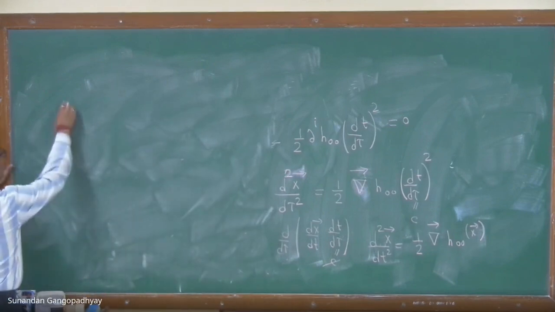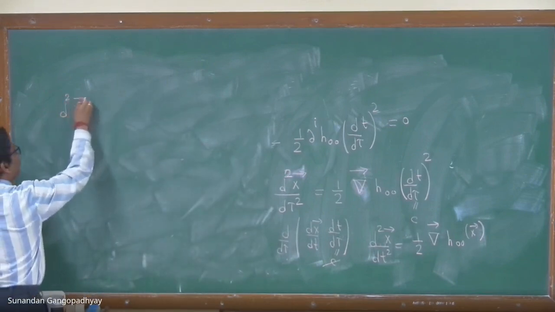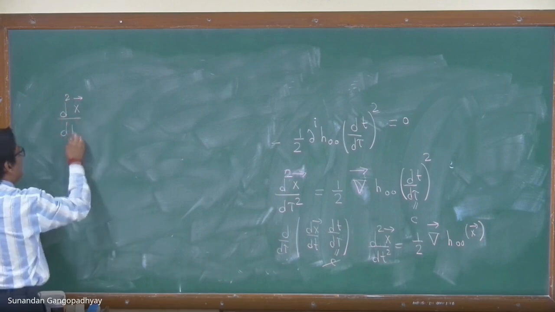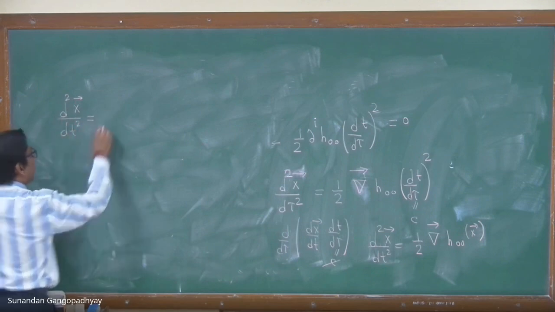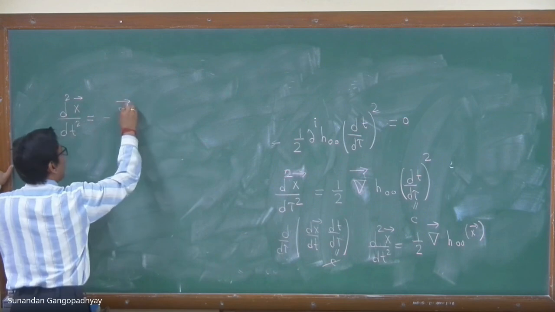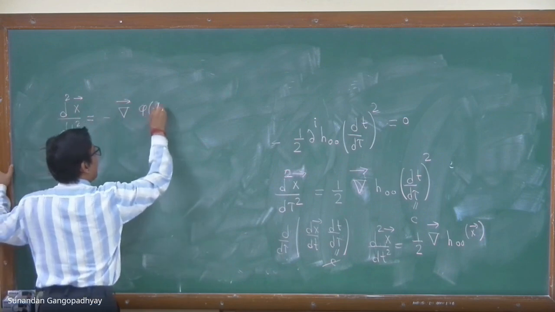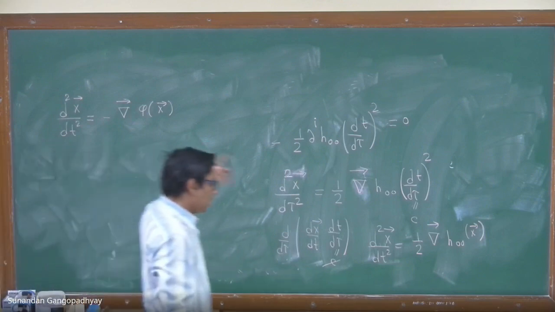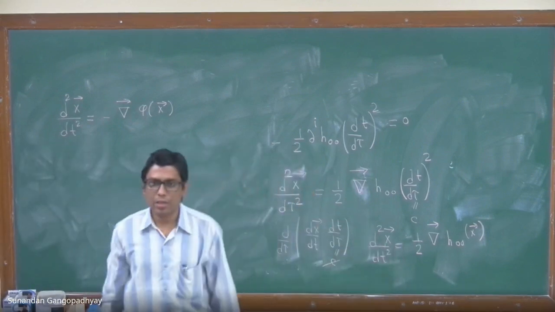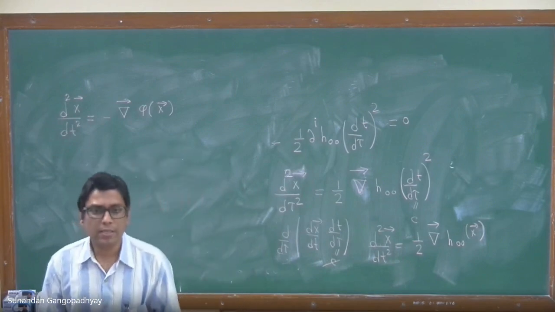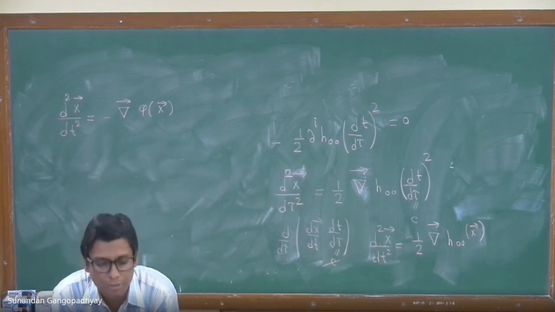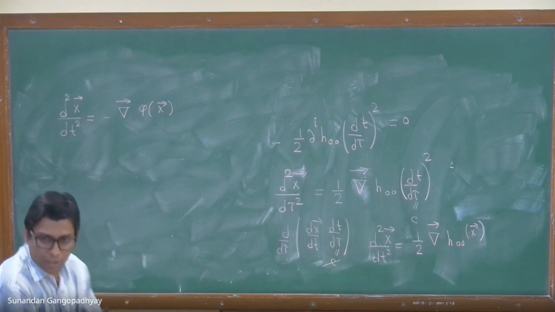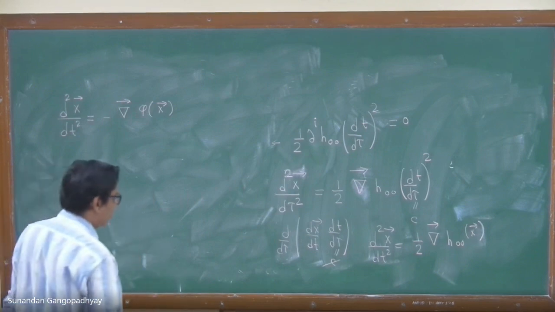So let us now write down Newton's equation. If this geodesic equation represents the equation of motion of a free particle in a gravitational field, then it must reduce to Newton's equation of motion in the appropriate limit, the non-relativistic limit.